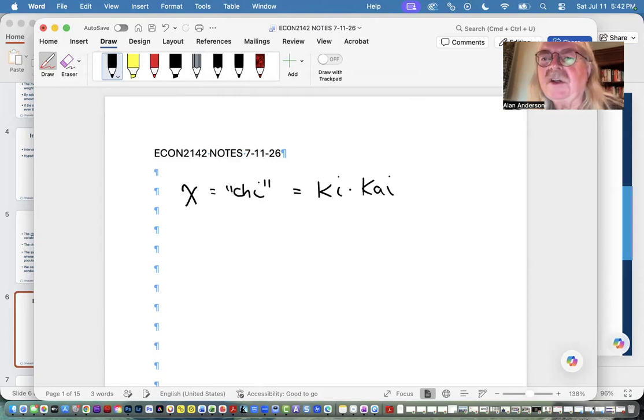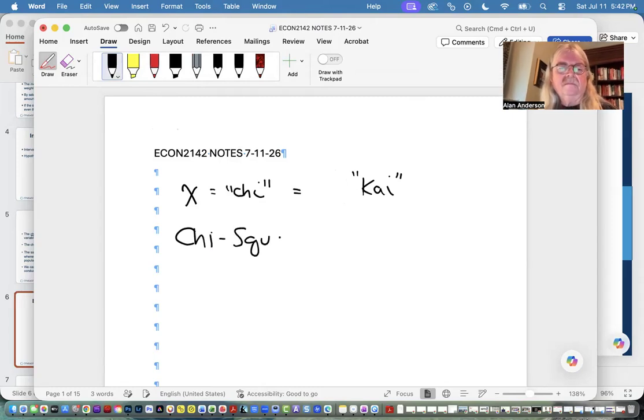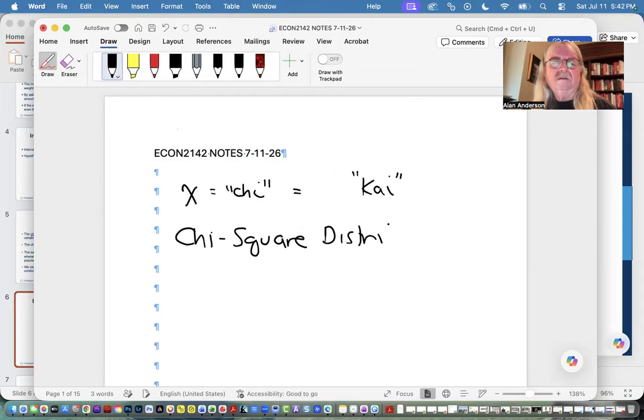Actually, either one of these could be mispronounced. I guess this is probably the one that is the most realistic. It's called chi. The distribution is chi-square. And we'll always write it like this.